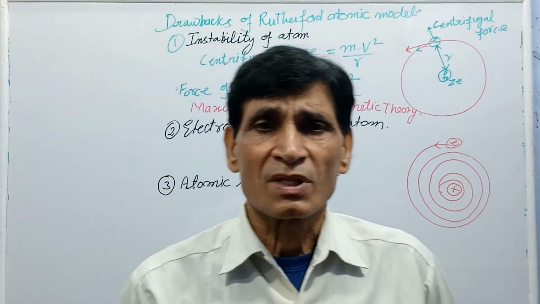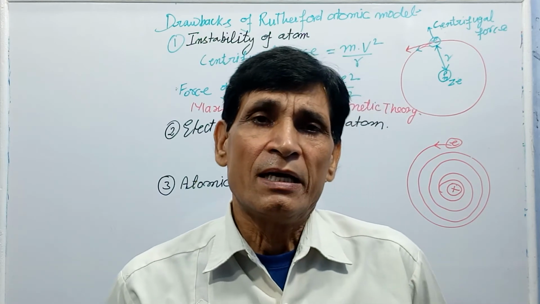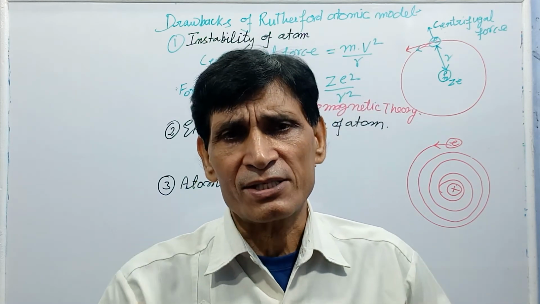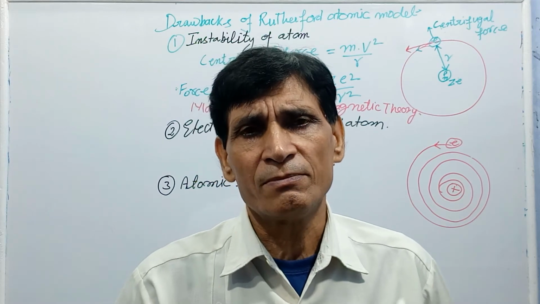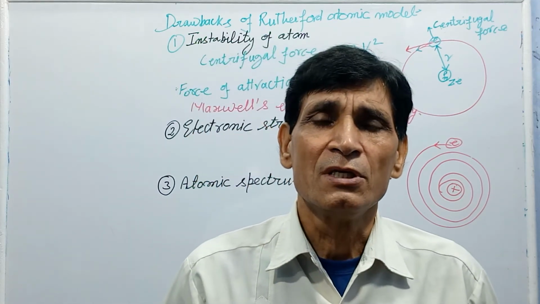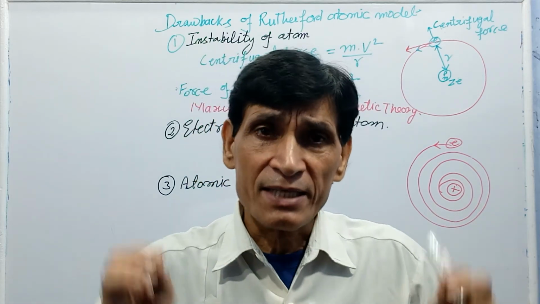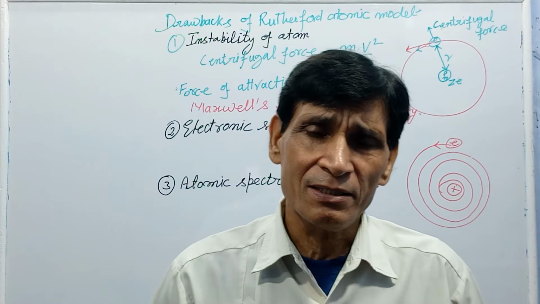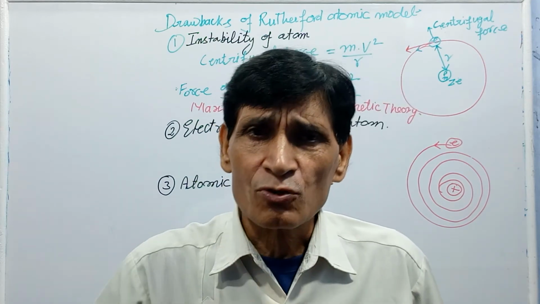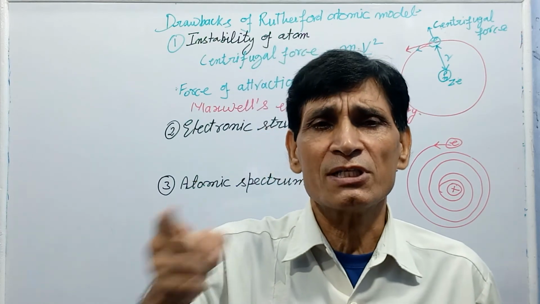Once again, according to Maxwell's theory, an electrically charged accelerated particle, having variable motion, loses energy in the form of radiation constantly. Electron is also a negatively charged particle, and its motion is circular motion in which direction is continuously changing.